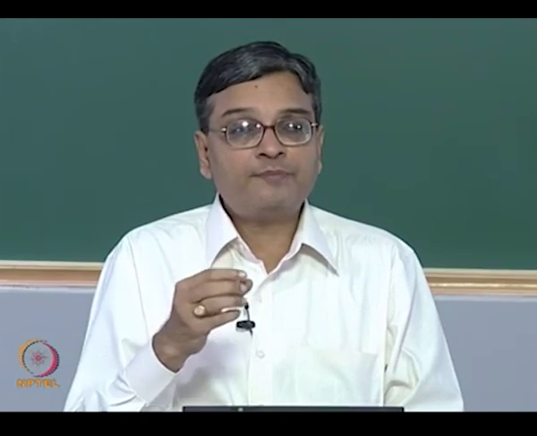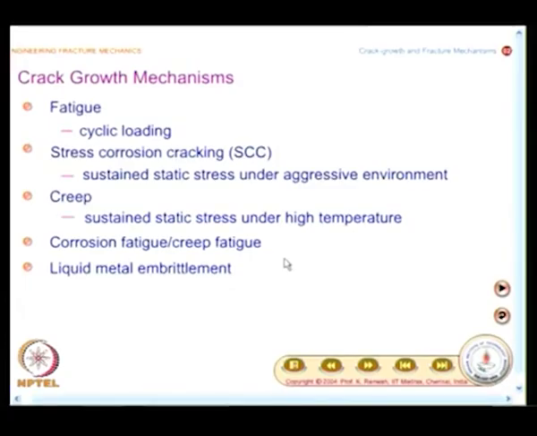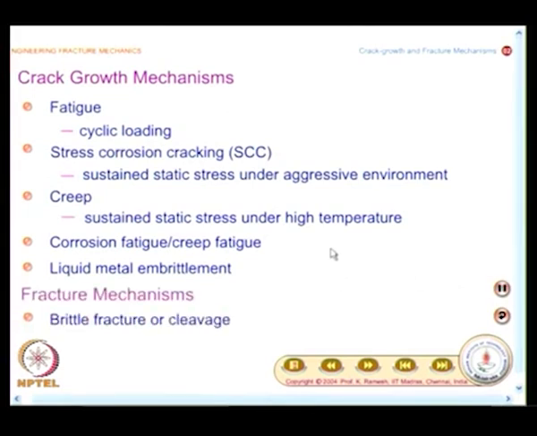and we need to understand, I have already mentioned that you need to know the degradation mechanisms of structures, and that is very important for you to develop concepts related to damage tolerant design. Unless you understand the degradation mechanisms, you will not be in a position to develop the appropriate methodologies. We have looked at crack growth mechanisms, we will also look at what are the fracture mechanisms.